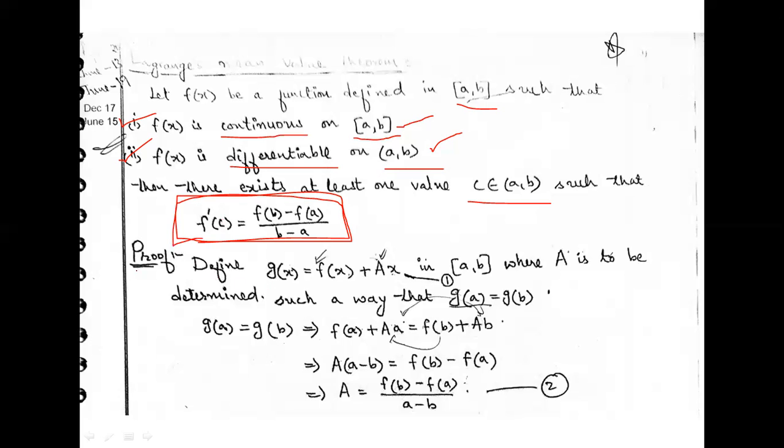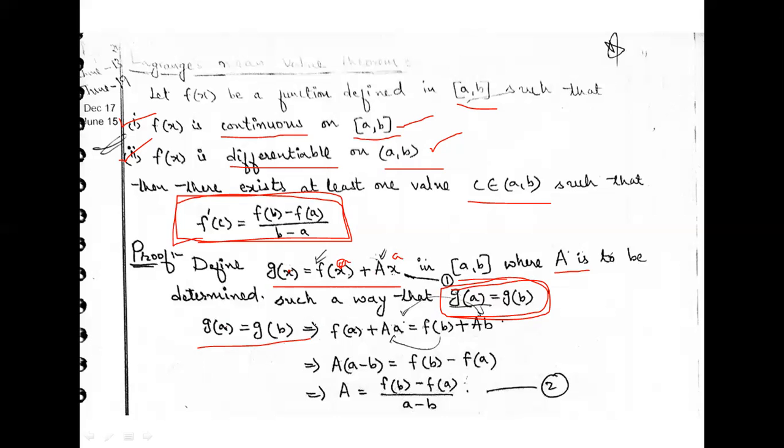First of all, remember this. Define g of x is equal to f of x plus Ax. That is equation 1. In the closed interval, A is to be determined in such a way that g of a is equal to g of b. Just substitute a instead of x: f of a plus capital A small a.